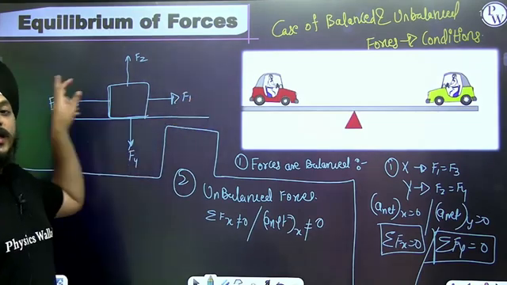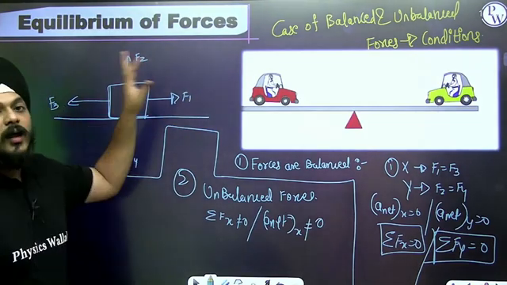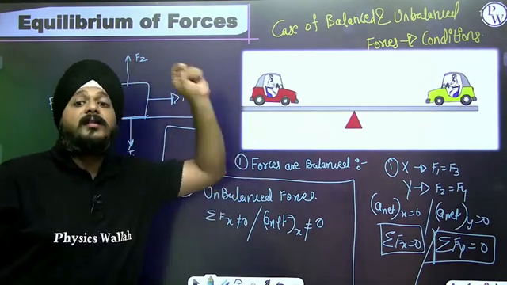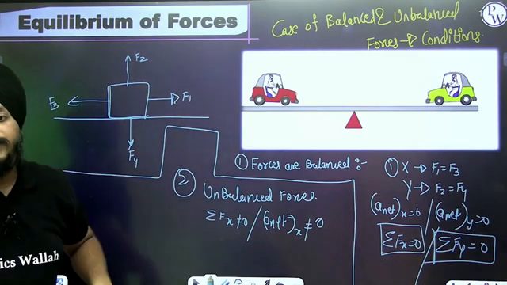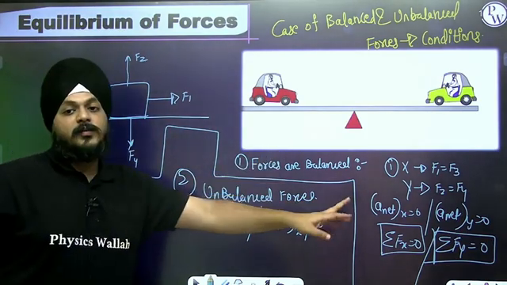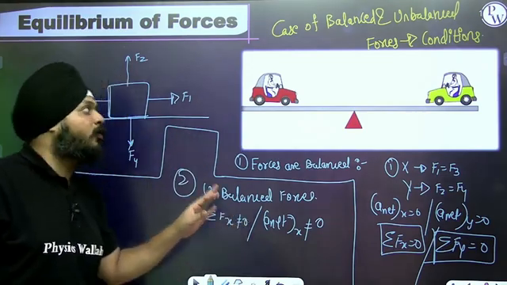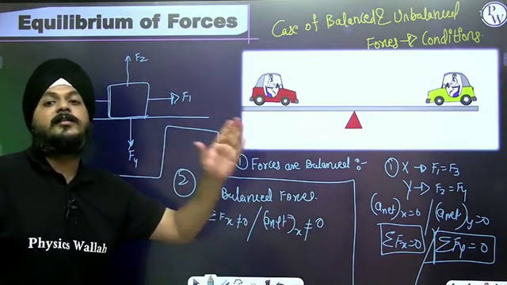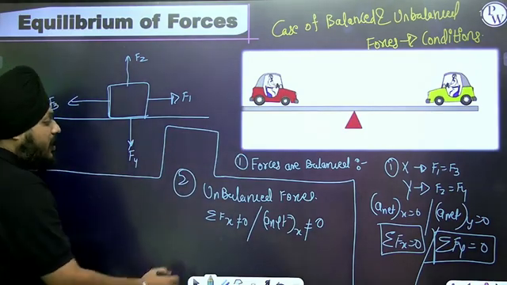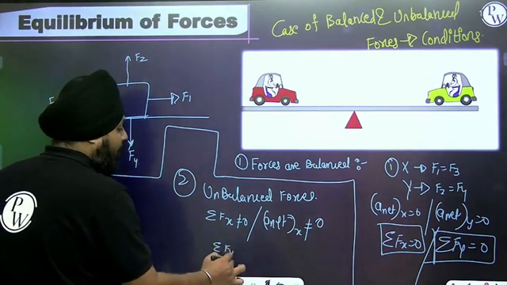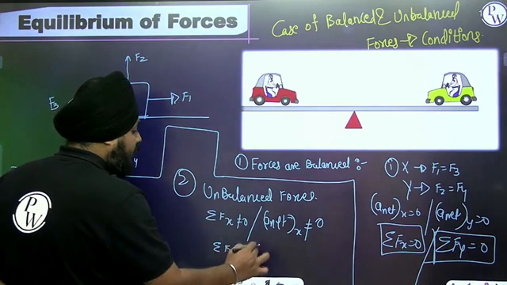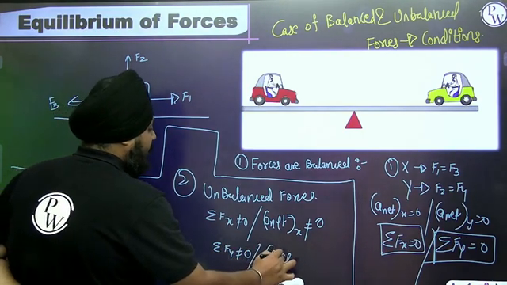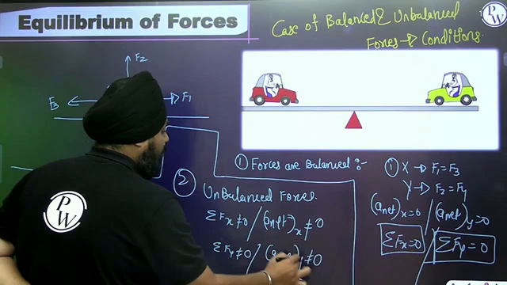If F1 is equal to F3, the object has net acceleration 0 in the case of balanced forces. But in the case of unbalanced forces, if F1 is not equal to F3, we are going to have net acceleration in the x direction. Similarly, if the summation of all y forces is not equal to 0, then the net acceleration along y is also not 0.